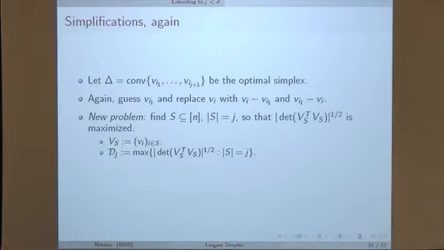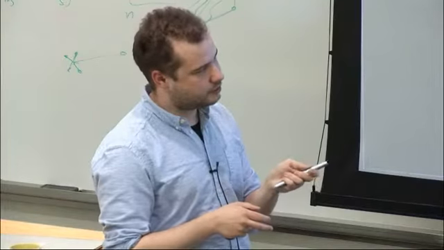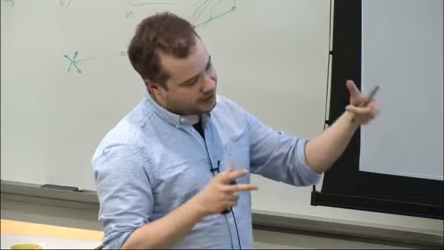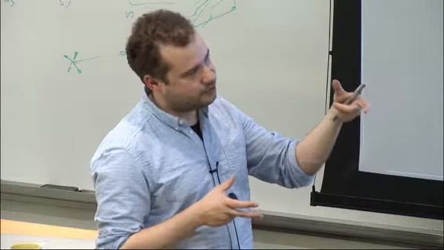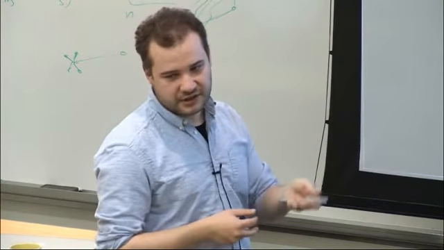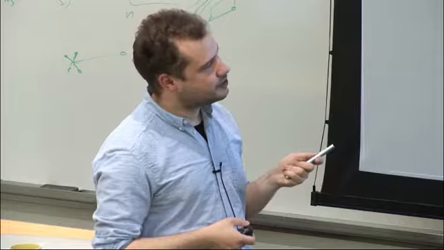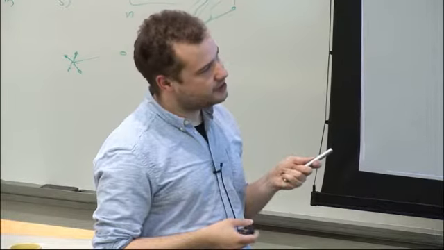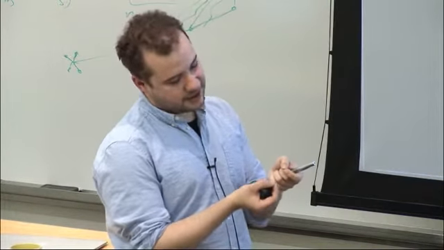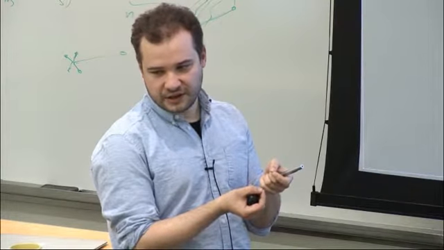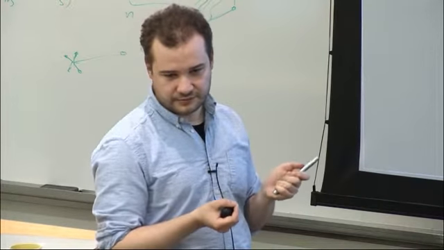Now we have an input that's symmetric around the origin, and we're looking not for j plus 1 points, but only for j points, so that the simplex they make together with the origin is as large as possible in volume.